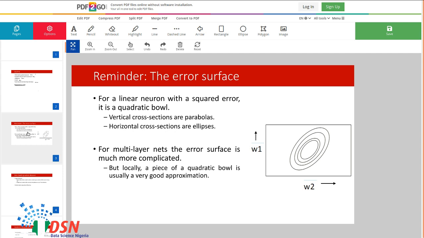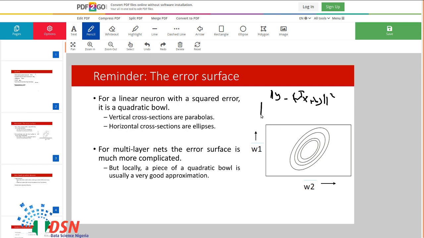For a linear neuron, if we use the squared error, the squared error is something like this. So for a linear model, the error surface is something like a quadratic bowl.